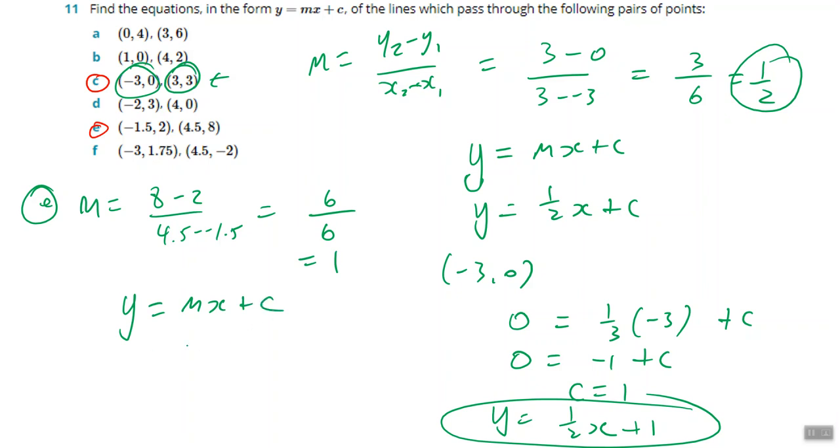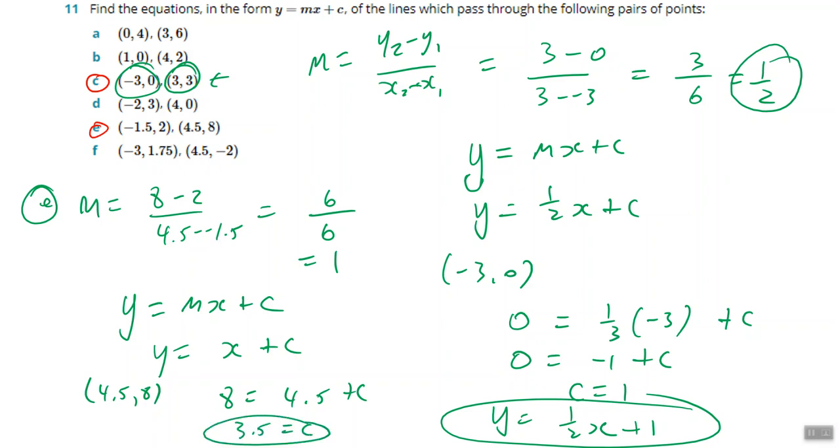I know my gradient is 1, so I'm just going to replace the m with 1, and then substitute one of the points in. Both points aren't that nice, so I might sub in 4.5 and 8. When y is 8, x equals 4.5, plus c. Now I subtract 4.5 from both sides, so I'm left with 3.5 equals c.